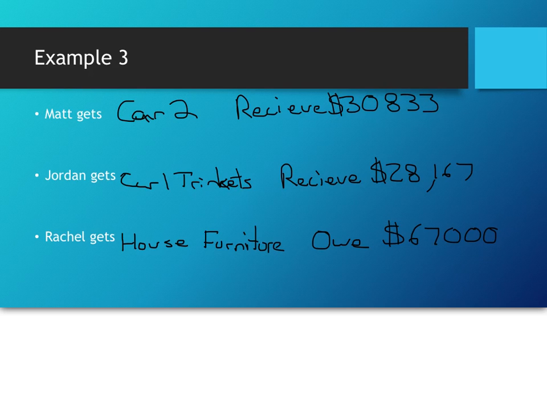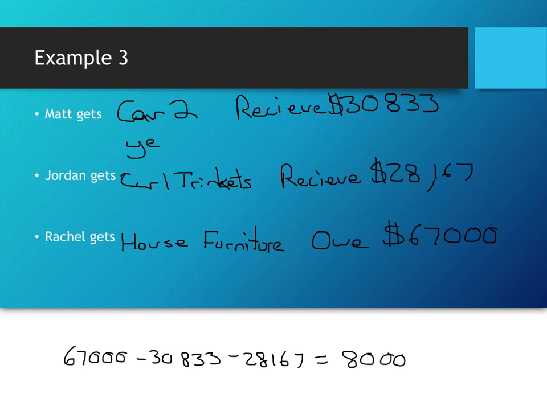into the pot. Now, remember, there's still the pot balance that has to go. If Rachel puts in $67,000 and Matt and Jordan take out their values, that means there's $8,000 left. So each gets, and gets, and gets. Well, take 8,000, divide that by 3.